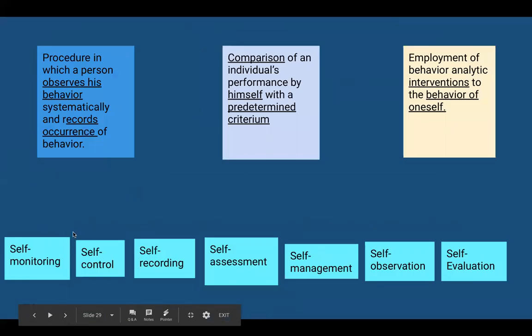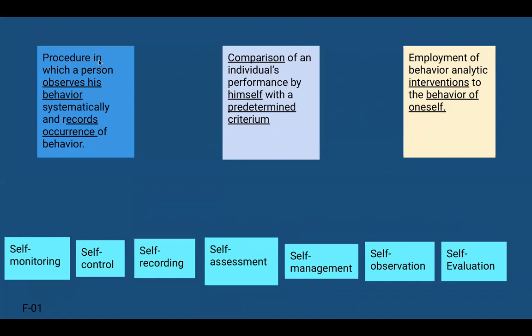When I was studying, I would get confused with all of these: self-monitoring, self-control, self-recording, self-assessment, self-management, self-observation, self-evaluation, and so on. That's my struggle, so we're going to tackle it today. A bunch of them are AKAs, but there are three main differences.